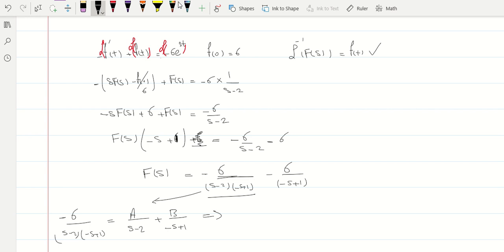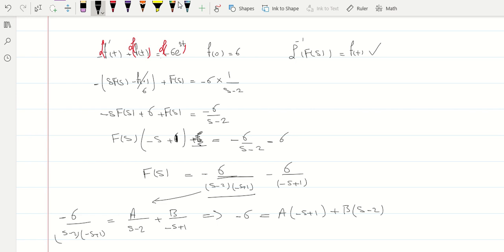Now, I want to multiply both sides of the equation by this denominator, which is (s minus 2) times (minus s plus 1). So I would be left with minus 6 on the left-hand side, and I would have A times (minus s plus 1) plus B times (minus s minus 2), right?